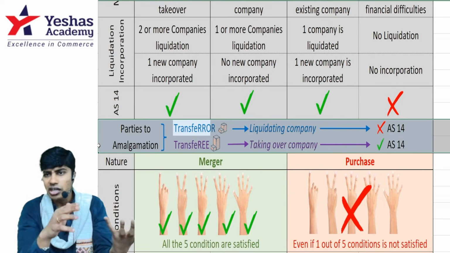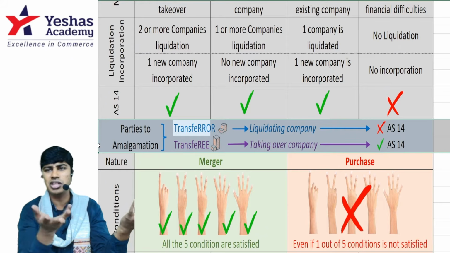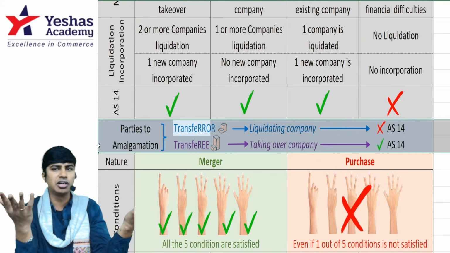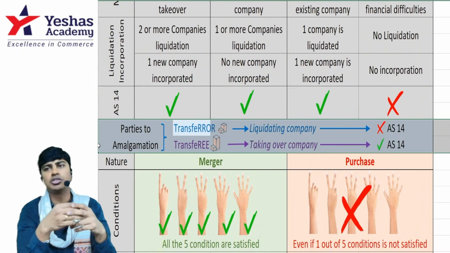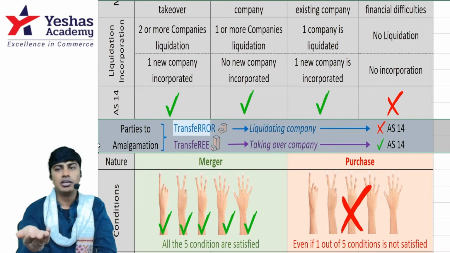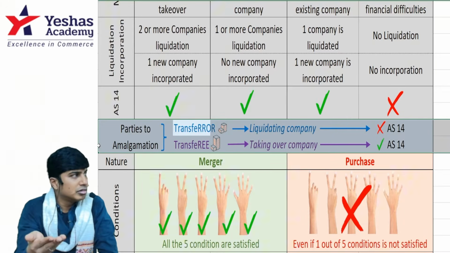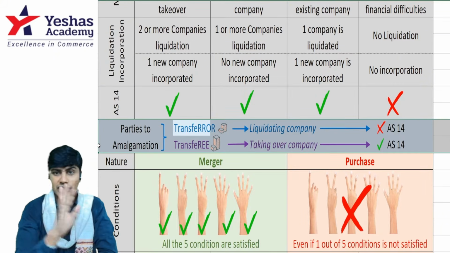For the one who's dying, accounting standard 14 will not tell how to die. Your choice, your convenience. However you are comfortable. Accounting standard 14 will not tell how to die. Accounting standard 14 will tell how to live. So accounting standard 14 talks about the transferee company, not the transferor company.